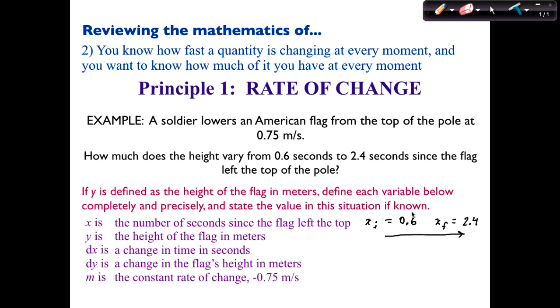X takes on every value from 0.6 to 2.4: 0.7, 0.75, 0.8, 0.81, 0.82, 0.9, 1.0, 1.5. So x is varying as this is happening, right? So it takes on all values from 0.6 to 2.4 seconds. All right?